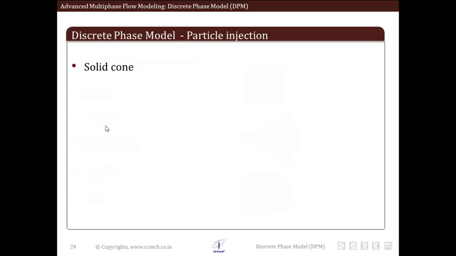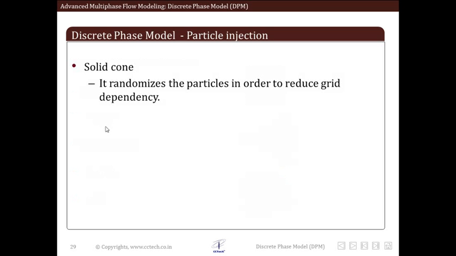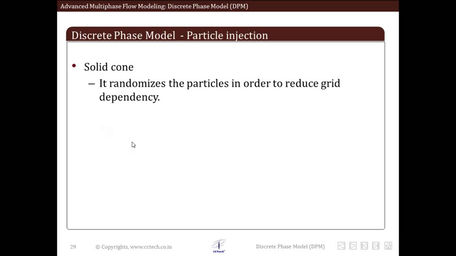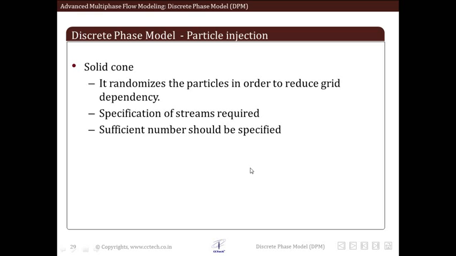Another type is the solid cone type of injection. In solid cone, it randomizes the particles in order to reduce grid dependency. That is, particle parameters are randomized and they can work on any type of grid. Specification of streams is required for such solid cone injections, and a sufficient number of streams should be specified. Particle properties are randomized.